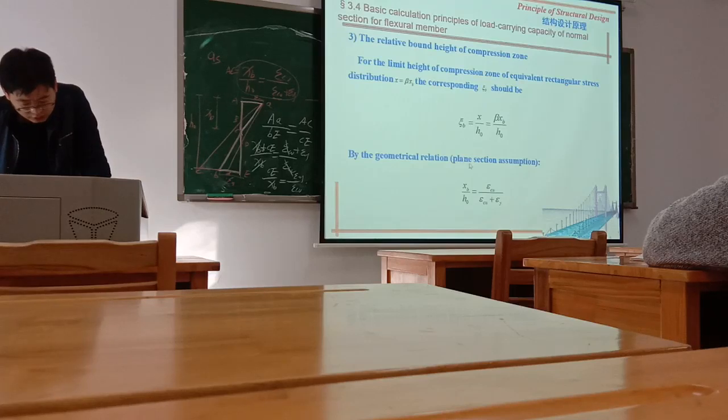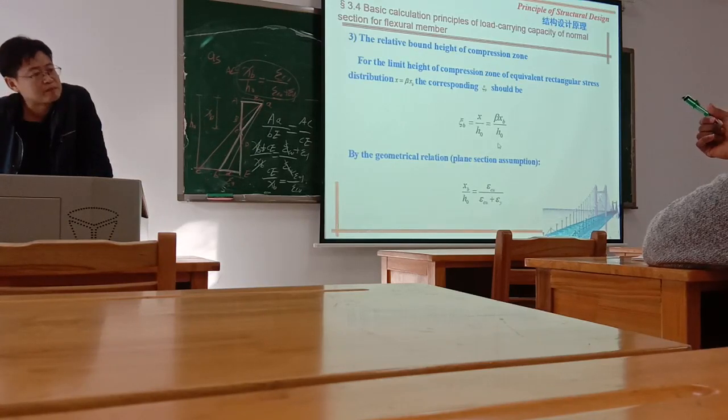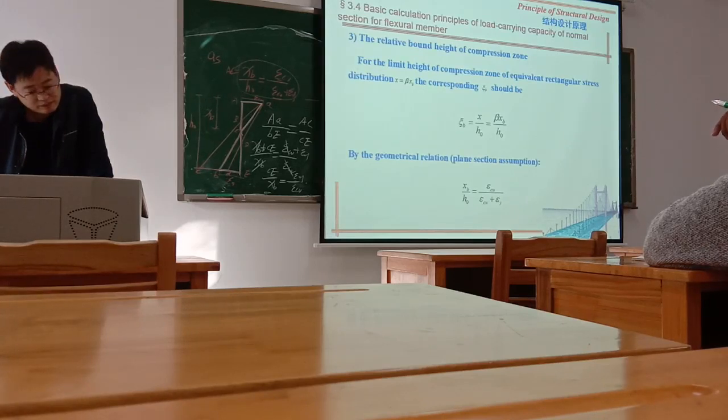So this xb, what's happening? What's wrong here? They say that x is a function of xb, x equals beta times xb. So it's a function of x.